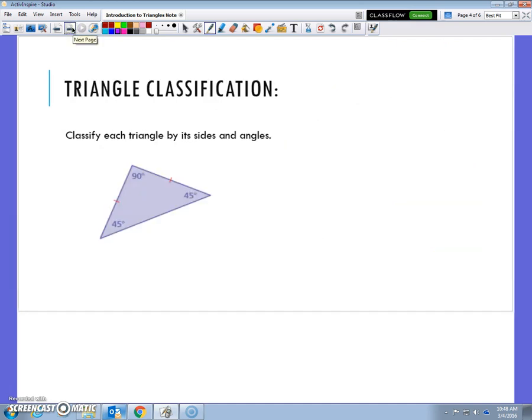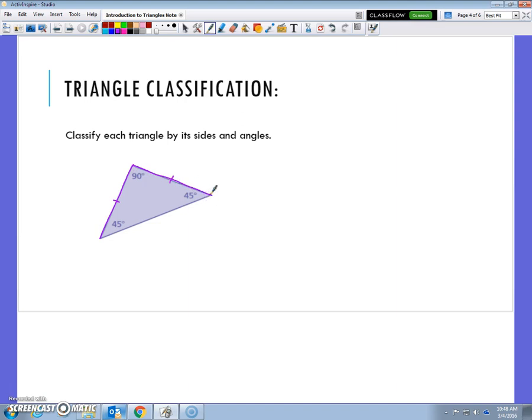So let's take a look at this triangle classification practice, and we should be able to classify this triangle with 2 different names. One name for the side lengths and one name for the types of angles. Okay, what I notice about this triangle right away is that there are tick marks on it. There's 1 tick mark on each of these sides. That means that this side highlighted in blue and this side highlighted in blue are actually the same length.